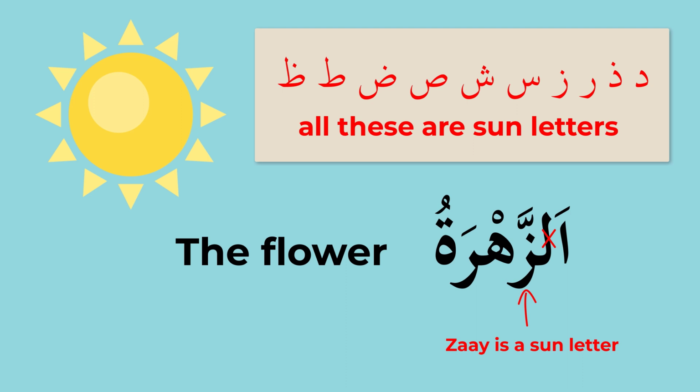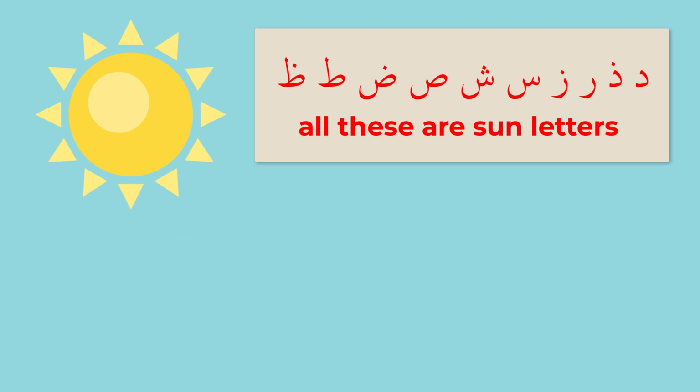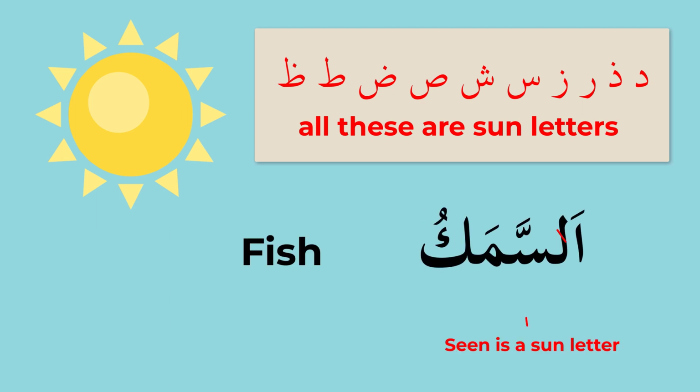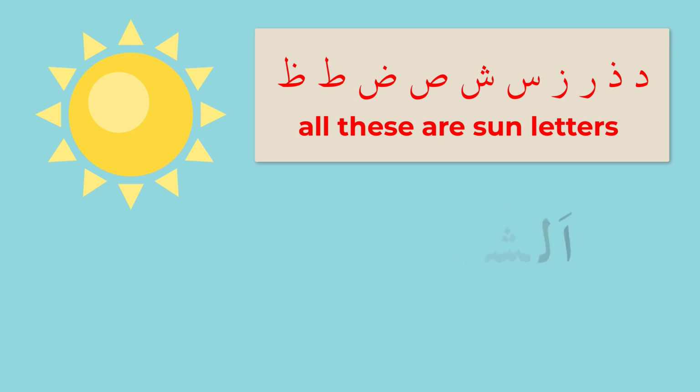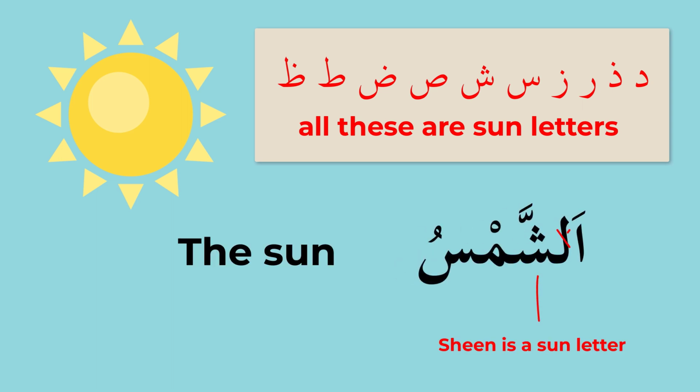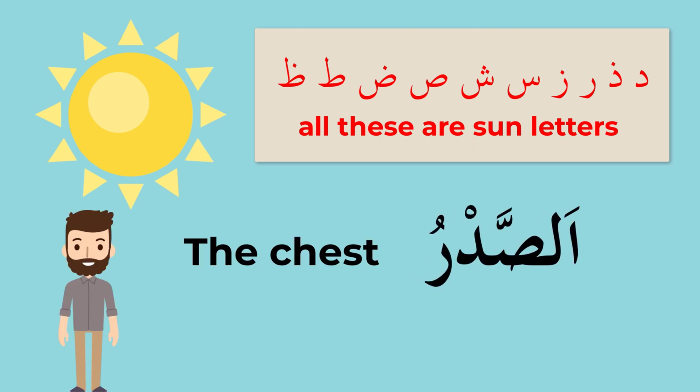Same, az-zahratu. As-samaku, fish. And then ash-shamsu, no lam. Hamza is pronounced. But if waw came in front of this, you will say wash. Even alif and lam both were assimilated. Wash shamsu. And then, brother, as-sadru, the chest.